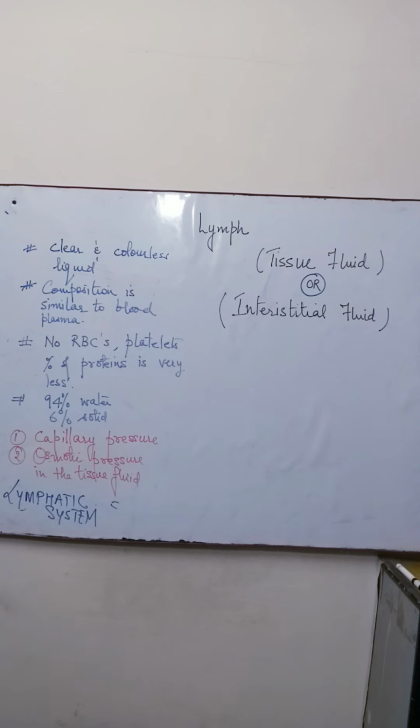Then the thymus and bone marrow are the two lymphoid organs. So these all parts form the lymphatic system, and these lymphatic capillaries drain back the lymph into the major veins, and these major veins again re-enter the blood and form a part of the circulatory system.